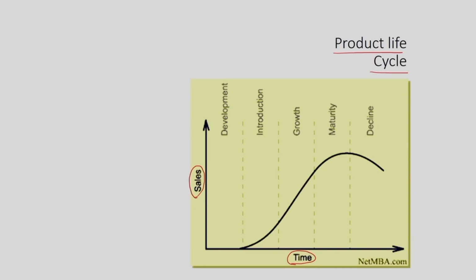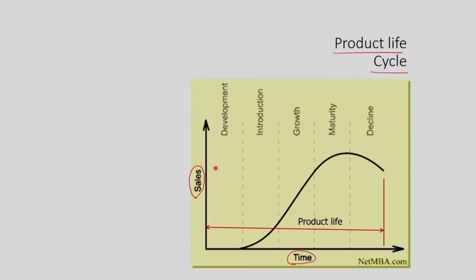When we plot the sales against time, the period from the start of the sales of a product to its decline or stop of sale is called the product life cycle. There are various stages: development, introduction, growth, maturity and decline.